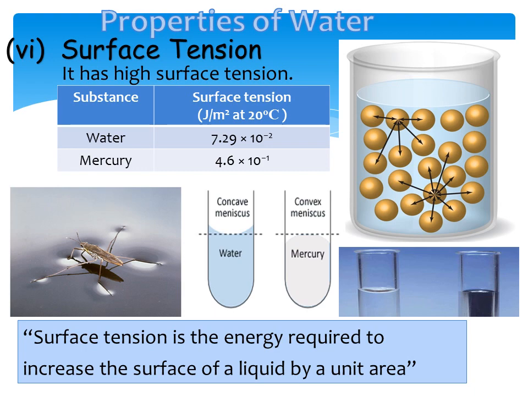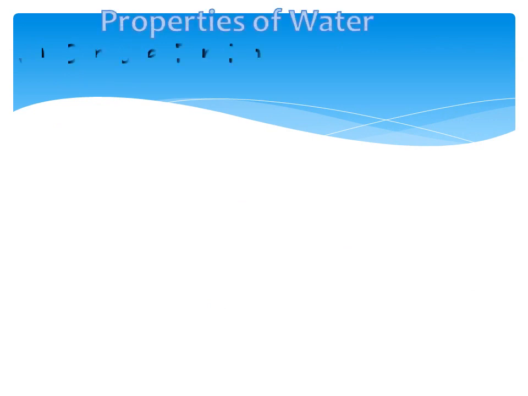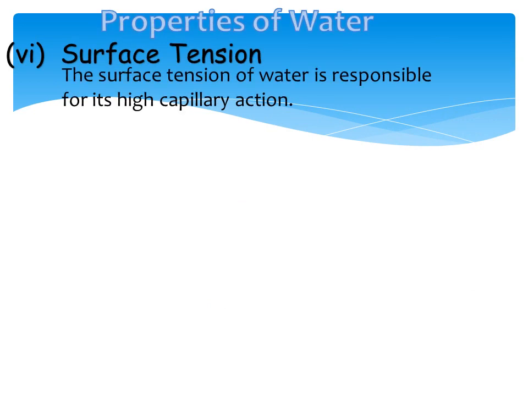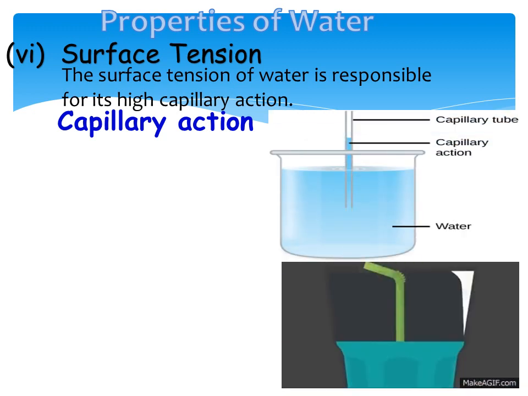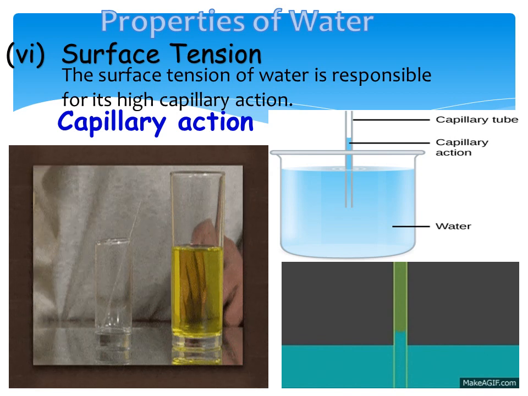Water has a concave meniscus because it has high adhesive forces, as it can adhere to the walls of the container or test tube, while mercury has strong cohesive forces rather than adhesive forces. So surface tension is very important because it is responsible for capillary action.